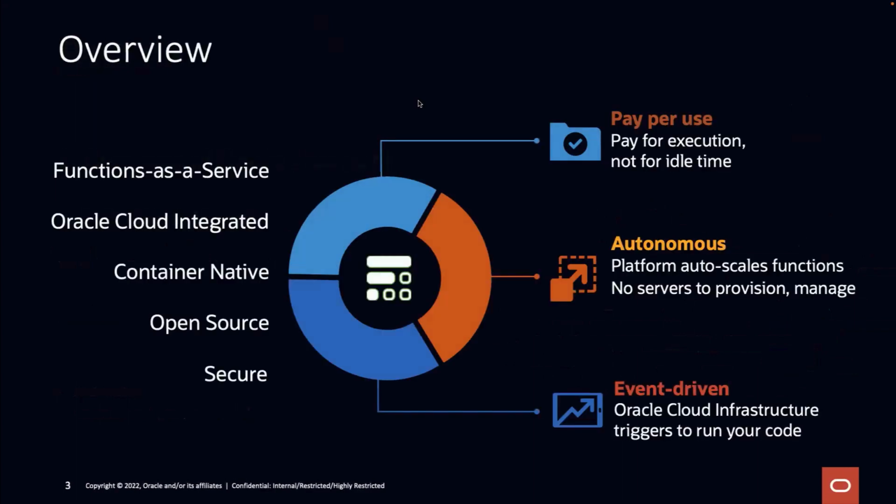Okay, so what is Functions? Functions is a serverless product from Oracle Cloud, which basically means that the users care about their code and how that works, and Oracle Cloud takes care of the infrastructure around it. I'll take an example to make it simple.